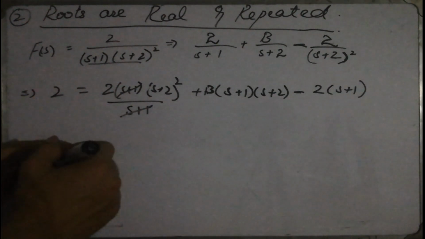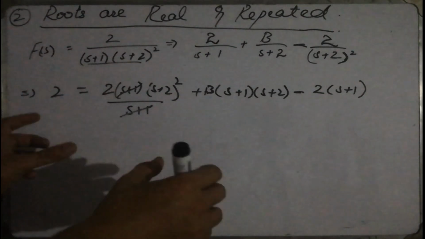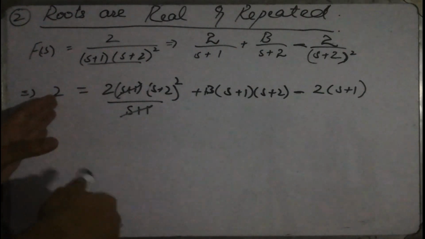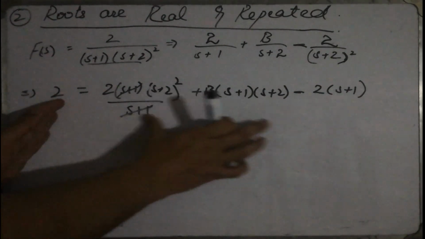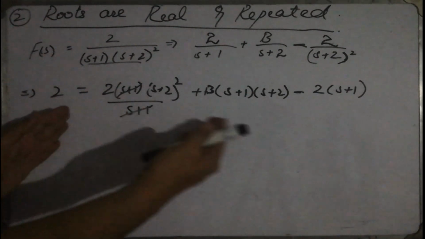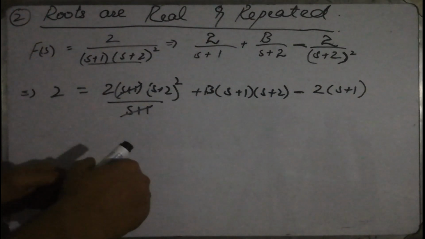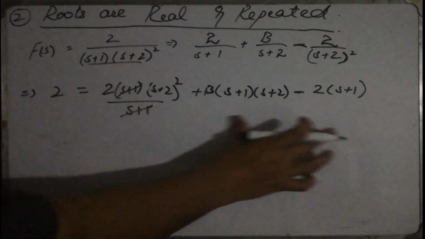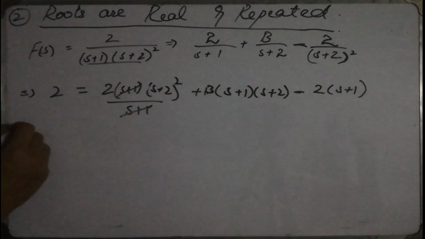Now our next step is to equate the coefficients. So here we are having just a constant, and we also need to find a constant value on the other side, and those must be equal, right? So let's try to find the constant on this side.